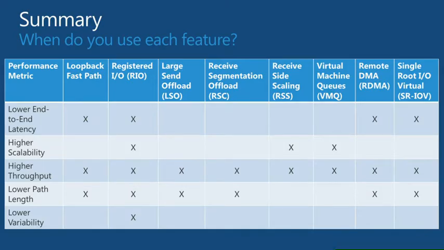So for example, for latency, loopback fast path, we saw that, helps with latency. RIO helps with latency. RDMA and SR-IOV help with latency. So this is a printout that you typically need to have with you, to control it with PowerShell depending on what kind of workload you have over a period of time, or just use this to turn on or turn off once, and then it's run after that point of time. So this summarizes everything that we saw over the last hour.